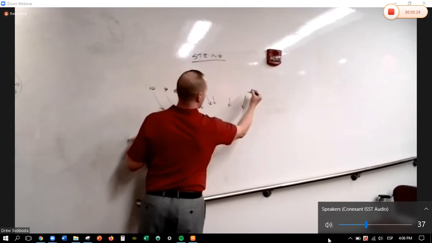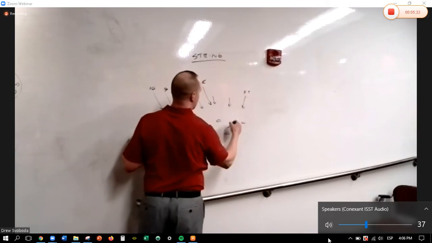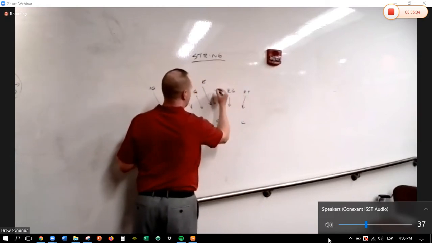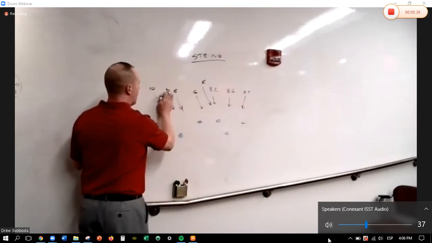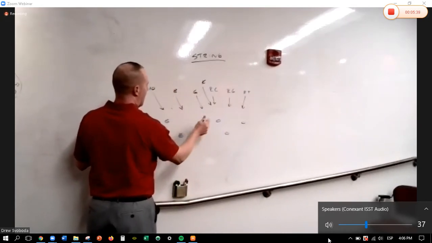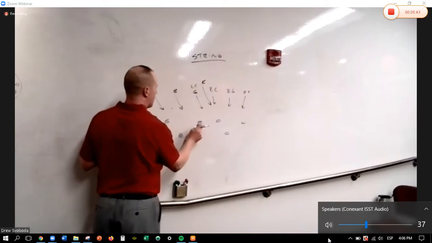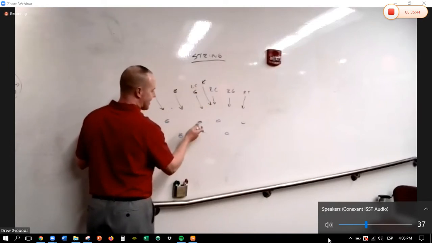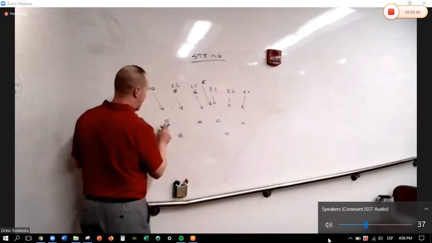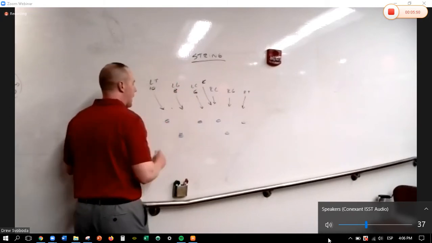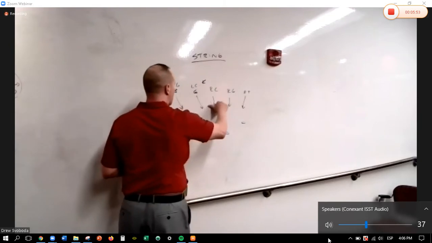This works with the right tackle, the right guard line, and the right center line. Then this one works with the left center, or you could call it the field center. That's going to be the left guard in this case, and this is the left tackle. That is how they're going to rotate.